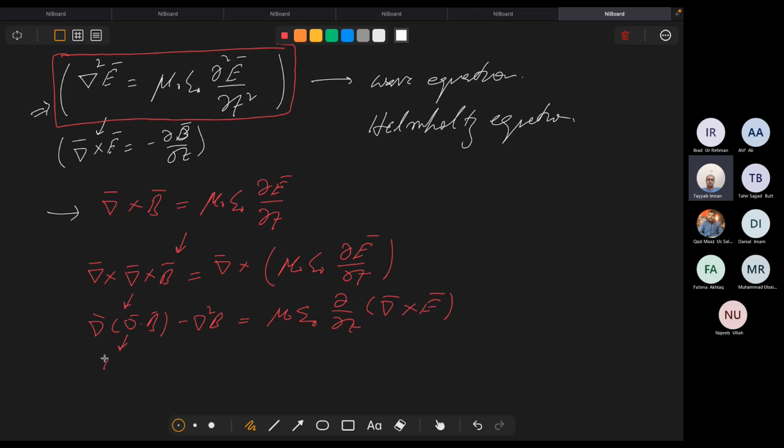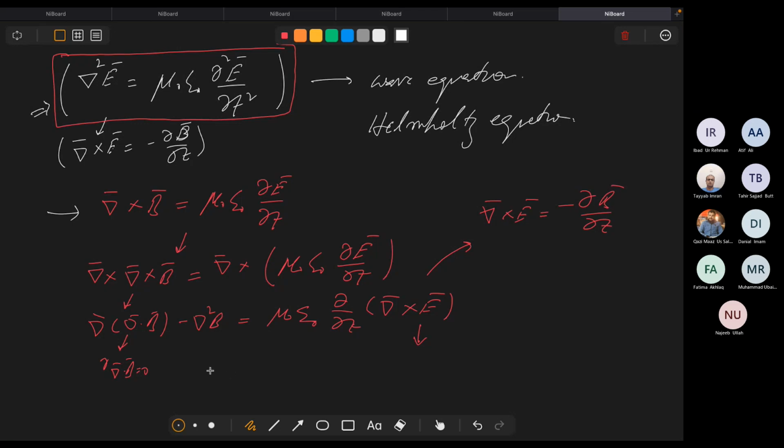So this one will be 0 because del dot B is equal to 0. And this one, del cross E. So del cross E is equal to minus ∂B/∂t.